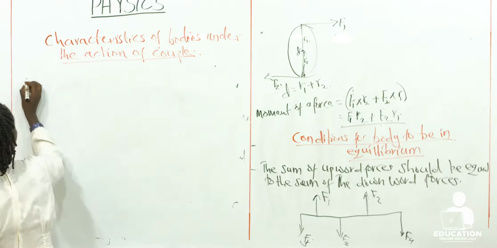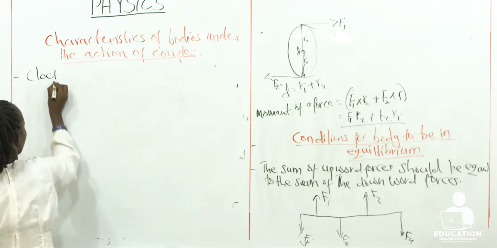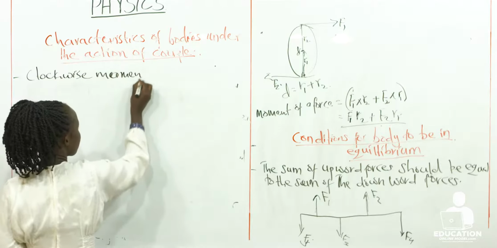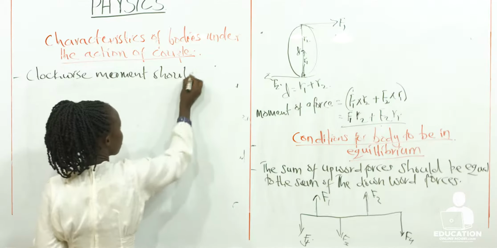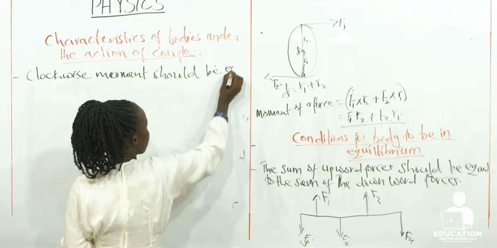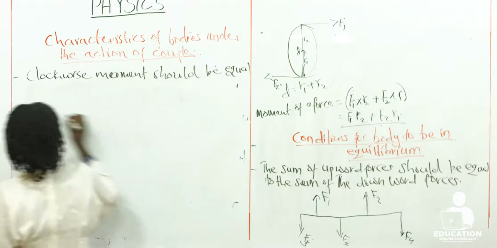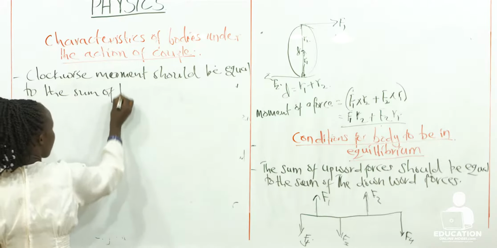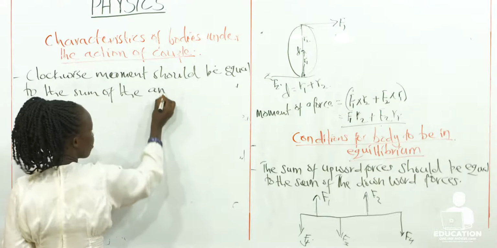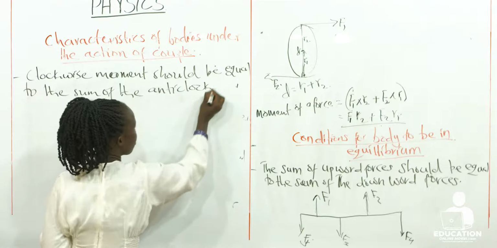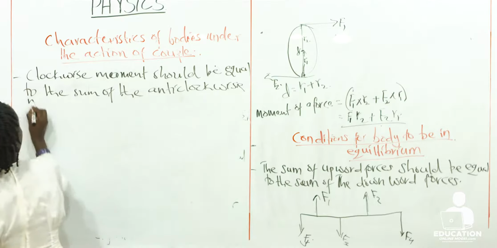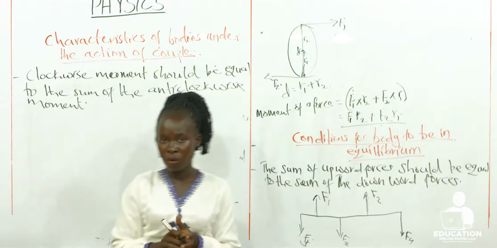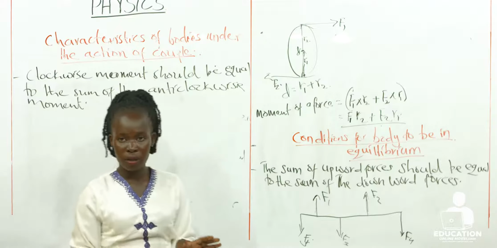All the clockwise moment should be equal to the sum of the anticlockwise moment there. The sum of clockwise moment should be equal to anticlockwise moment.